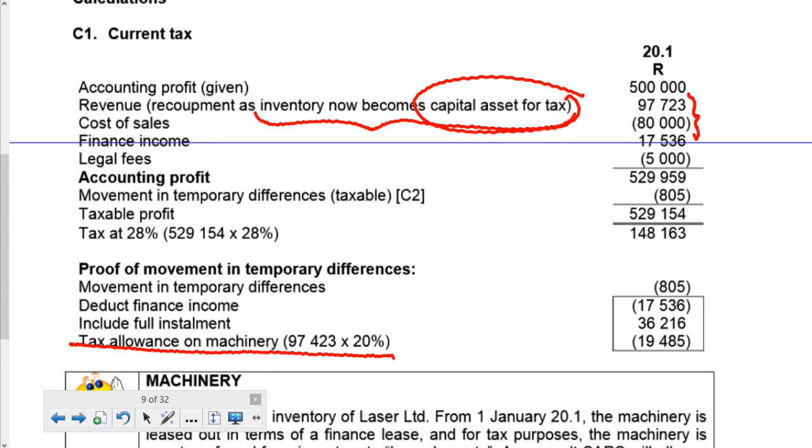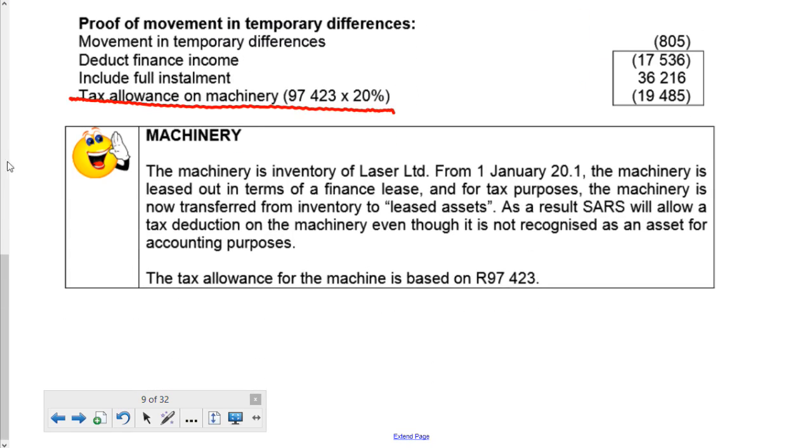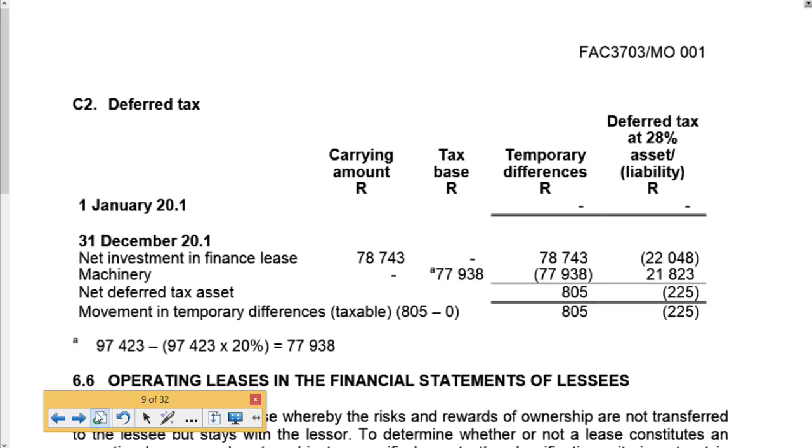Okay, so Calc 2, I think, has the temporary differences or the deferred tax. It's easier to see there. What you can see here is that this one looks the same as the other ones that we always did. In our books, we have a receivable.